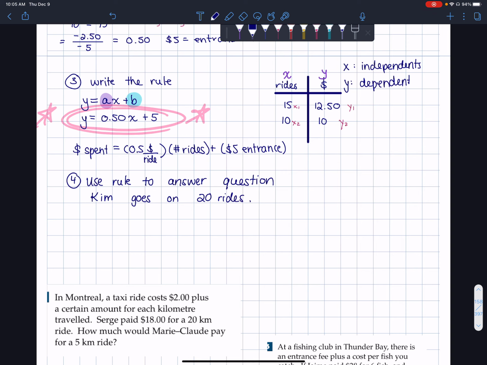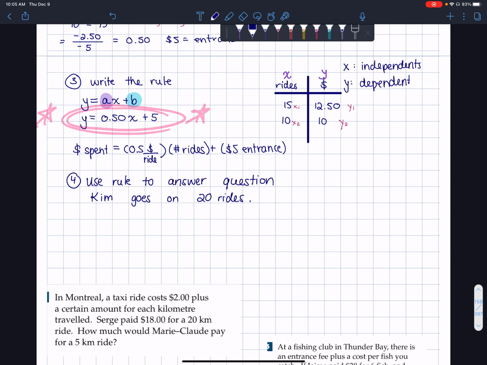So looking at our rule, and we can look at our English version, we see that number of rides, that's the X value. You can even just look at your table of values and remember that X is also the number of rides. So you can use this version and say, I know X is my number of rides, or you could have written it out in words and say, okay, number of rides goes here.